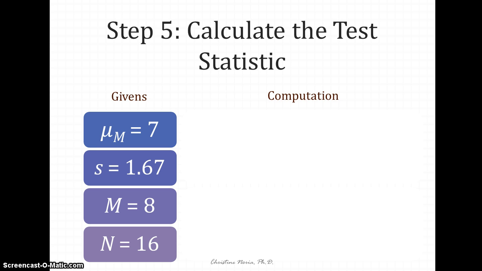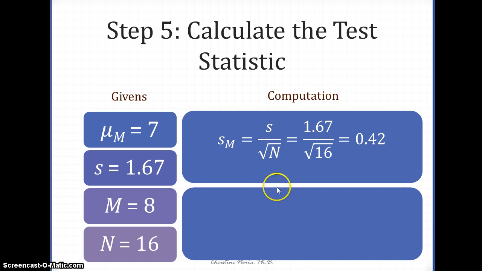And again, I'm going to talk about how we get that standard error first. The standard error, like we talked about before, is computed by taking the standard deviation estimate and dividing by the square root of n. So we find that our standard error is 0.42.